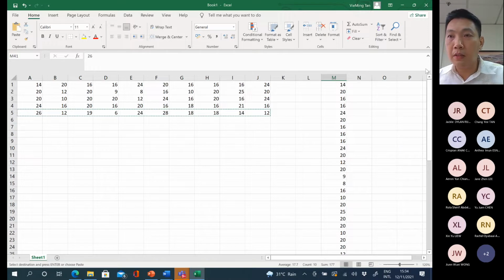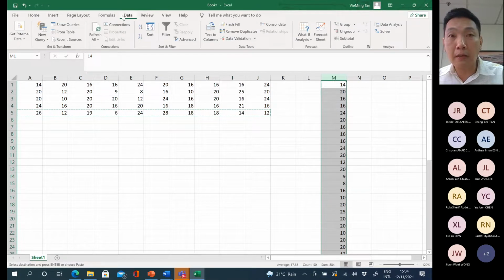Now I have to sort the data. I can highlight this, go to the Data tab here, and choose A to Z. That means sorting the data from smallest to highest values.